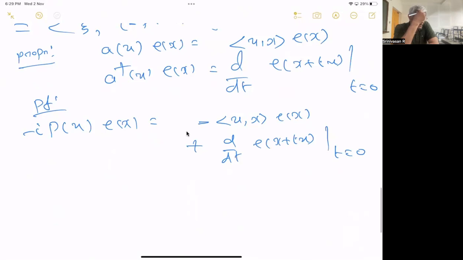A of this or A dagger of this? I think A. So P of IU equals, if I take I out, minus I will come out, so it is just UX times I. Now we have I times this, so we want to compute I times Q. You have to multiply by I again, right?